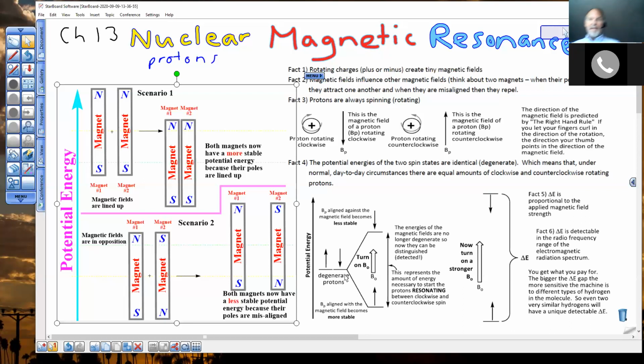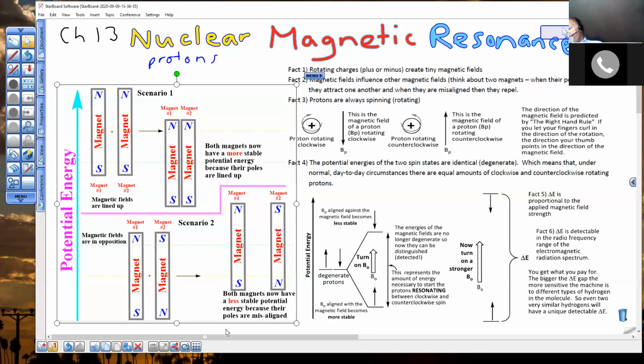So you're forcing electrons to go in a circle, which causes a magnetic field. And the more loops you have, the more powerful your magnetic field that you create. So you get what you pay for with these machines that have these electromagnets in them. A more expensive machine will cause a bigger electromagnetic field.